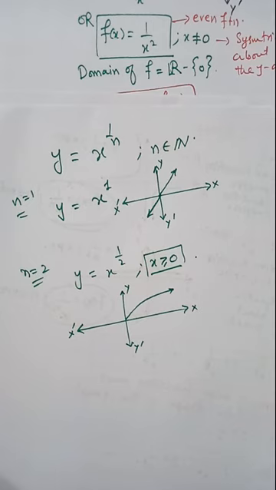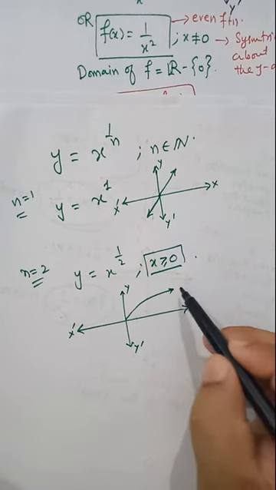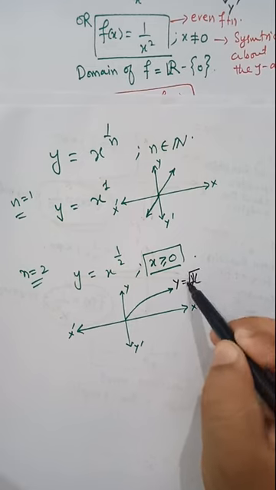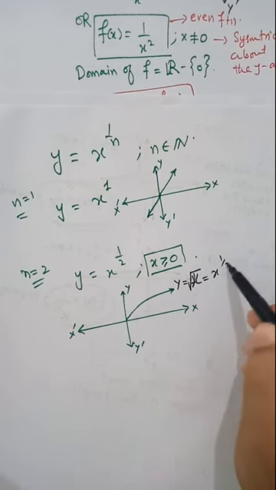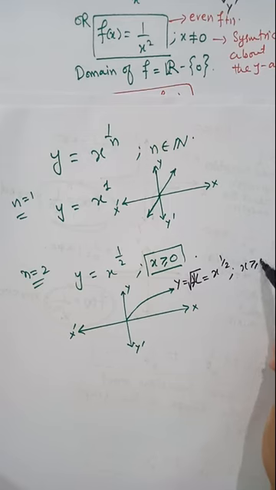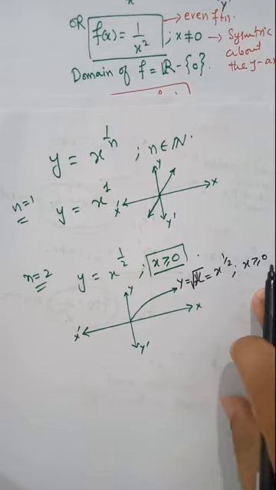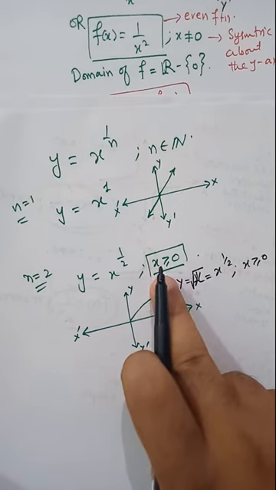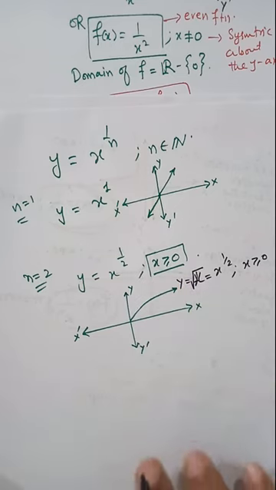This is the graph of y equal to x square root, or you can write x power 1 by 2, and x is greater than or equal to 0. I explained this point when discussing the graph of the square root function, because the domain must be greater than or equal to 0.